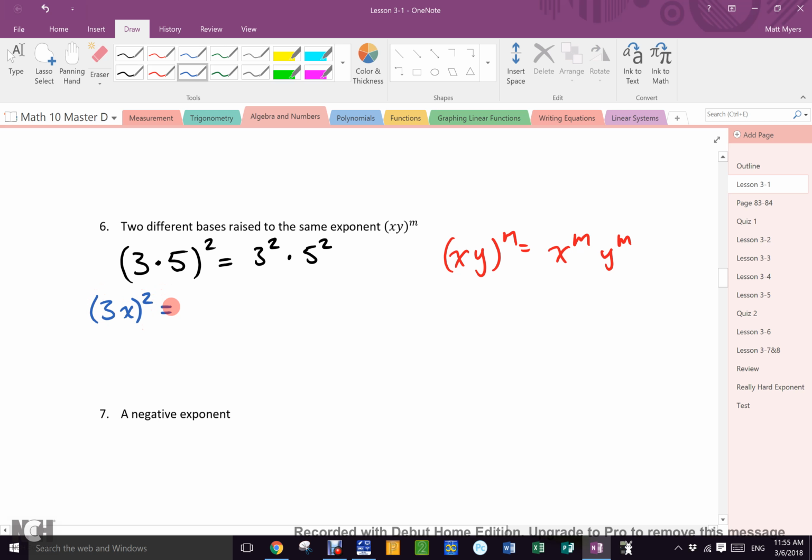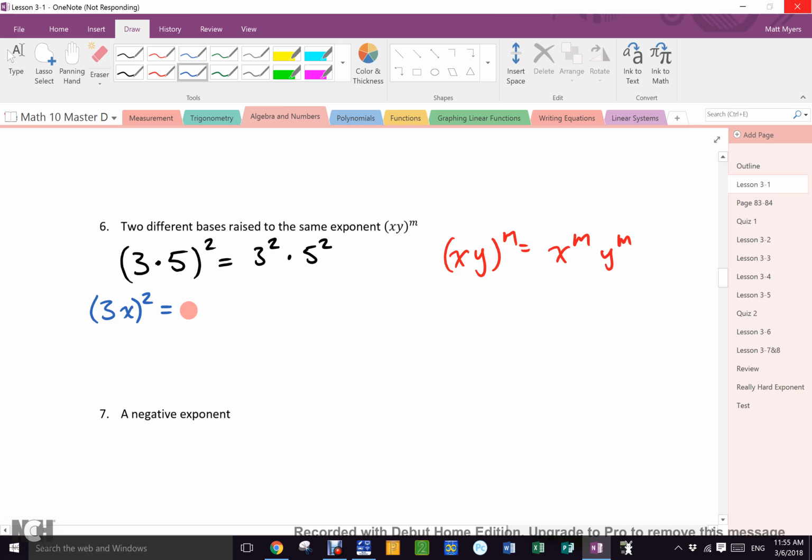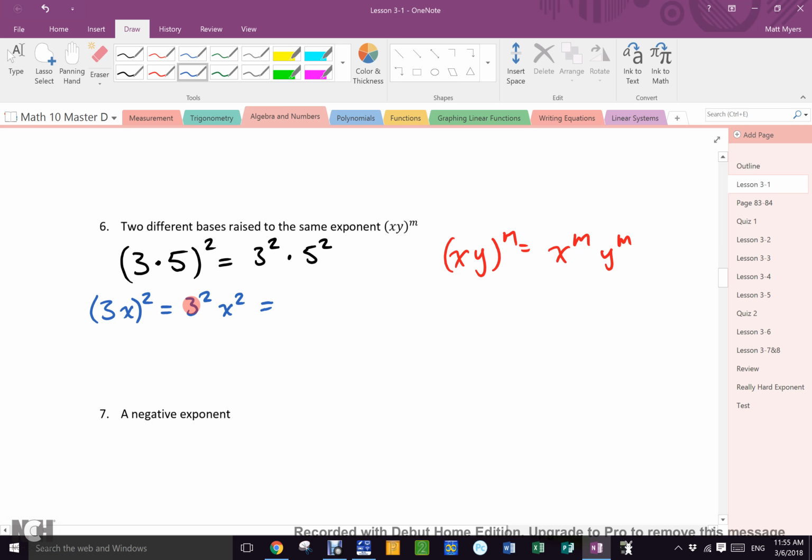3x squared. What is that? Really? 3 squared, x squared. Would we ever leave it written as 3 squared? No. Why? Because you can do it.